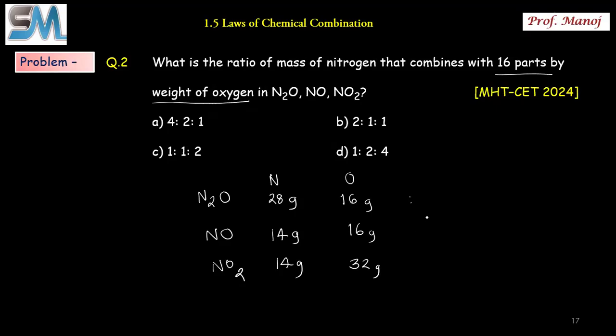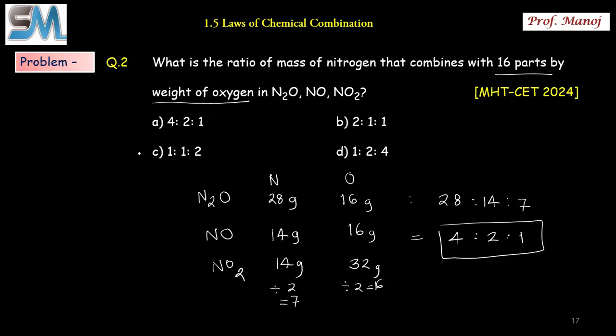So over here, this is going to be 28. The second one is 14. But since this part is 32, I need to divide by 2 to make it 16. I will divide it by 2 to make it 7. So this will be 7. So if I divide this throughout by 7, it will be 1 here, 2 here, 4 here.